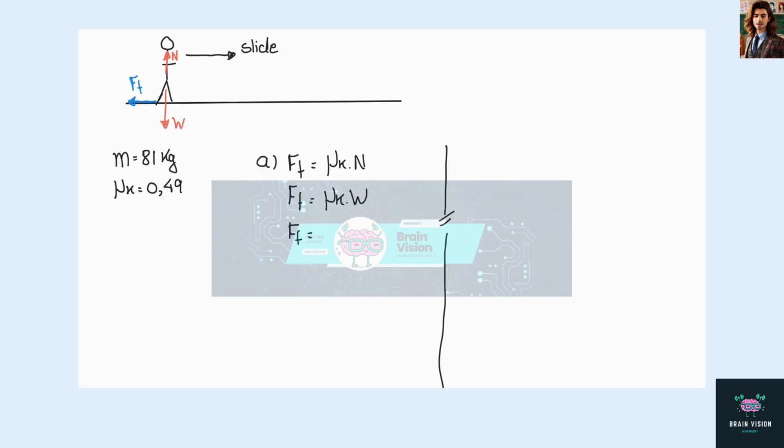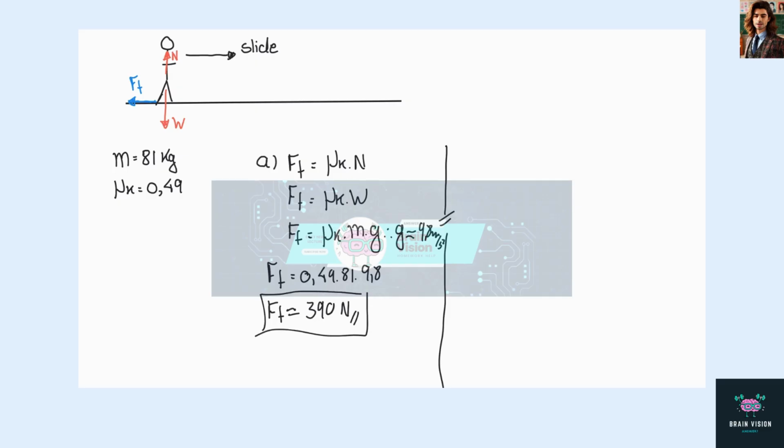The weight force is the mass of the player times the acceleration of gravity, which is approximately 9.8 meters per second squared near the surface of the Earth. Therefore, the frictional force is 0.49 times 81 times 9.8, which gives approximately 390 newtons. This is the answer for the first item.